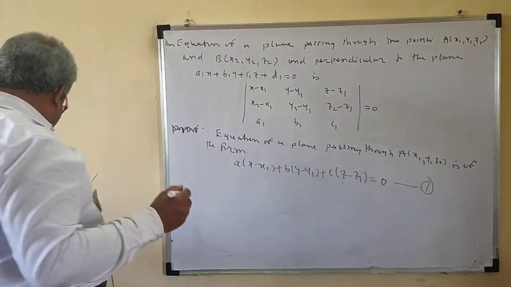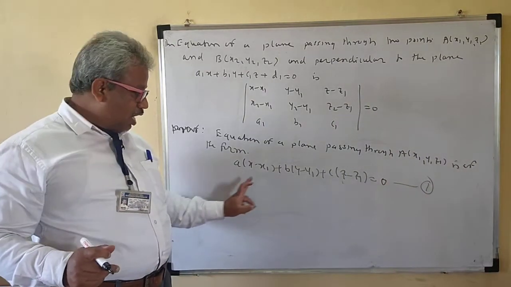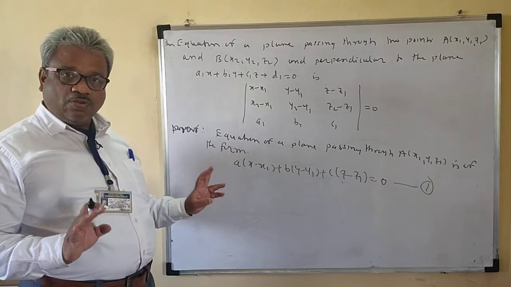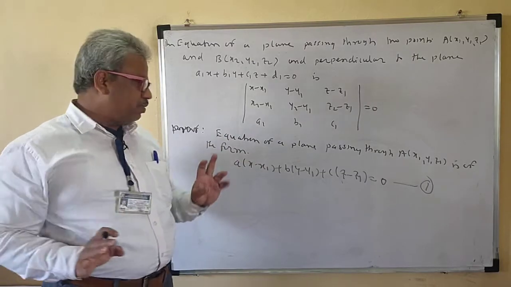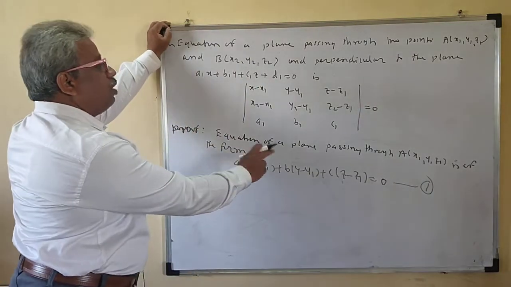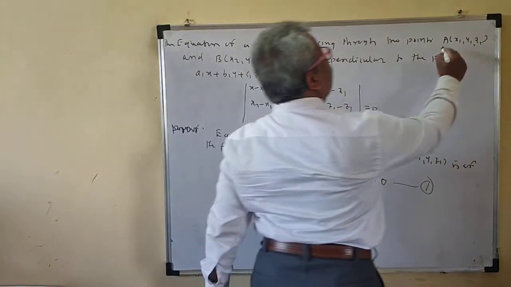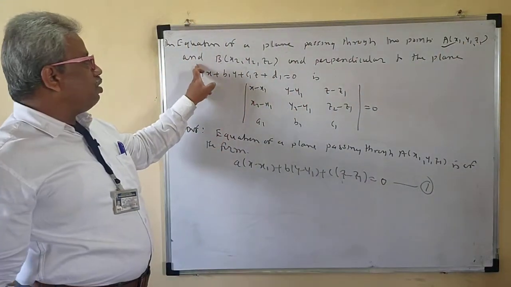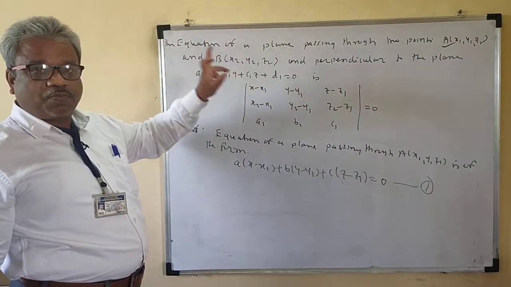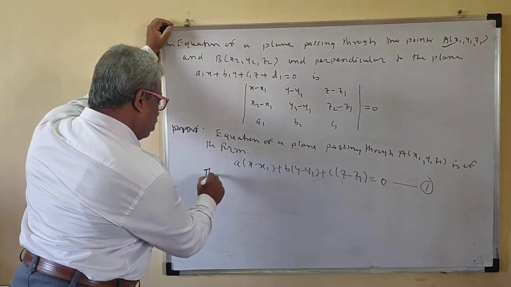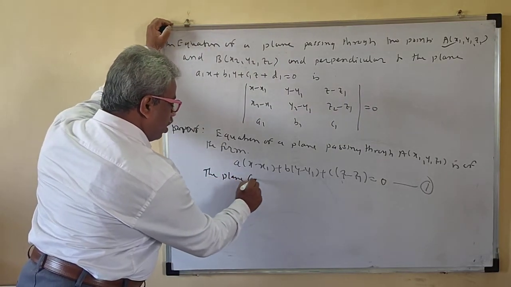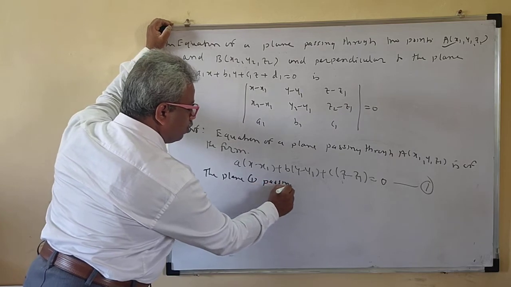Now what do you want? A, B, C, we don't want that. Our aim is to remove A, B, C now. We have used this point. What do we have to use now? This plane is passing through the point B(x2, y2, z2). That means B satisfies the equation of plane 1.